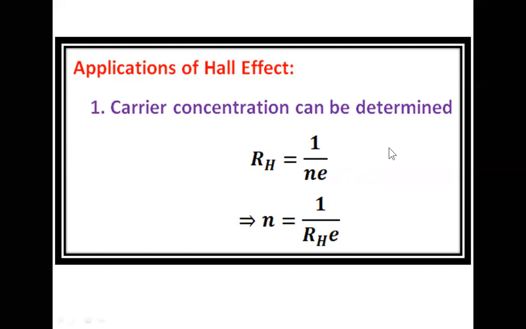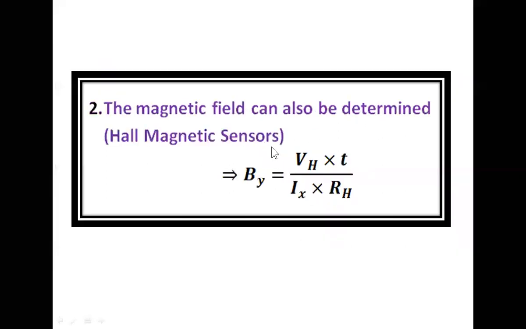And the second application can be understood by rewriting the previous expression. If you write down the expression for By, that is the magnetic field, it is nothing but VH into T by Ix into RH.